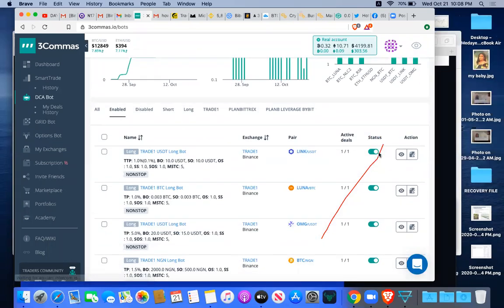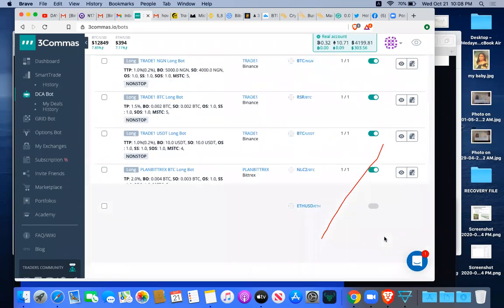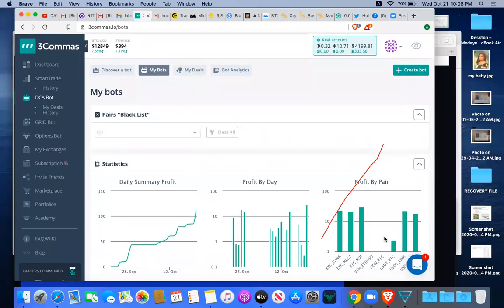Okay, so look at it here. I can turn off, right? I can turn off the bot. I can view, I can edit, maybe review my setting and all of that. So you are at liberty to do anything on your stage.